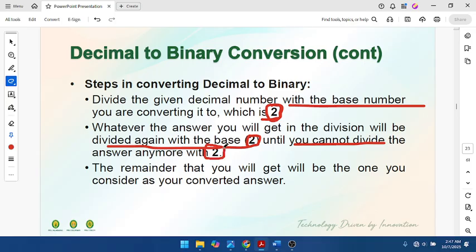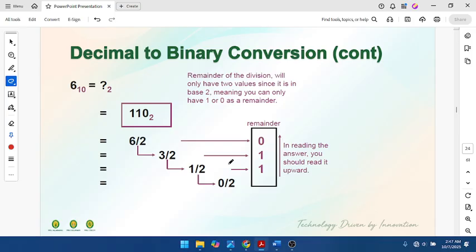Okay? So, the remainders you get would be the value that you will consider as the converted answer. For example, first, we will convert again 6, which is decimal, base 10. So, makikita natin siya kung anong representation siya ng number system.